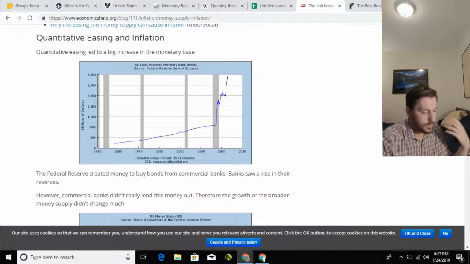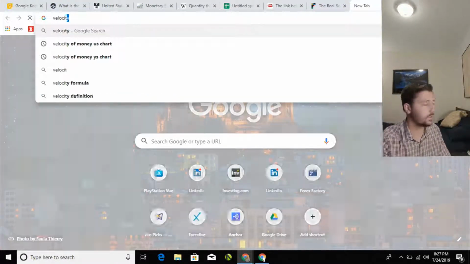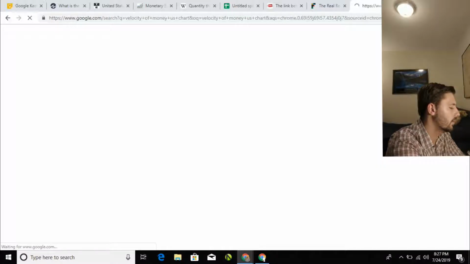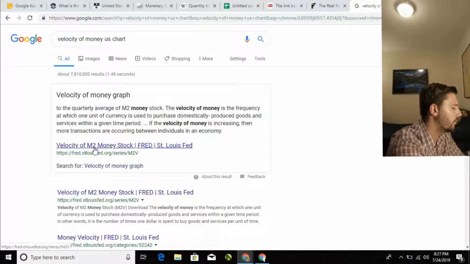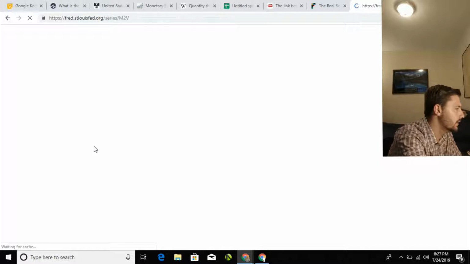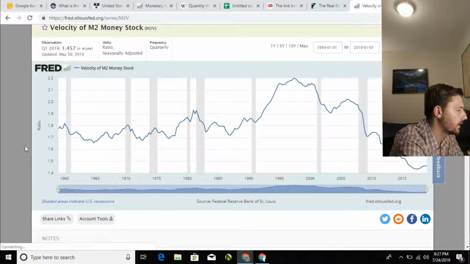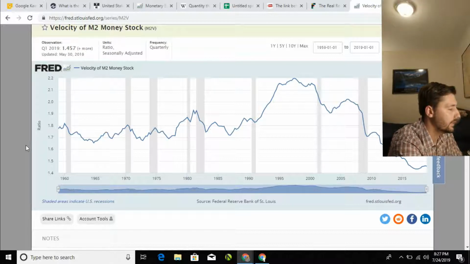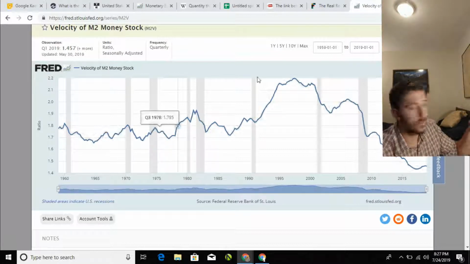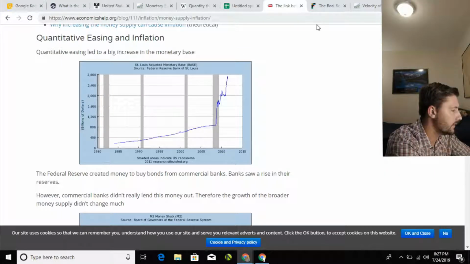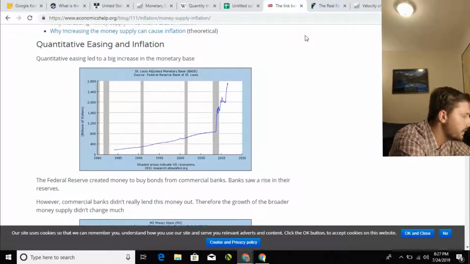So one chart that I wanted to show as well, which is big in this, is the velocity of the M2 money stock in the United States. This is since 1959. Now, if you look at this, this is crazy. If you start from 1985 here, in your monetary base, you see that start to go higher.